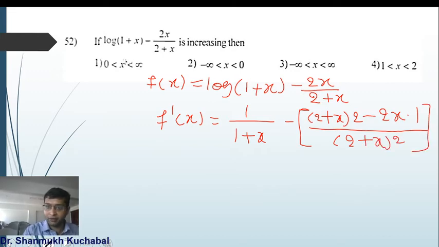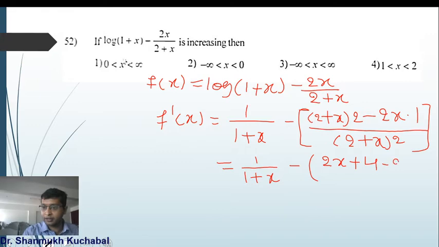So further I simplify: 1 divided by 1 plus x, and here we get 2 into 2x plus 2 into 2, which is 4, minus 2x, divided by the square. Like this we are going to get it.